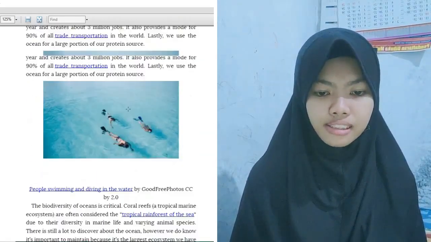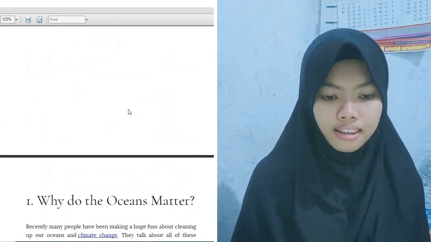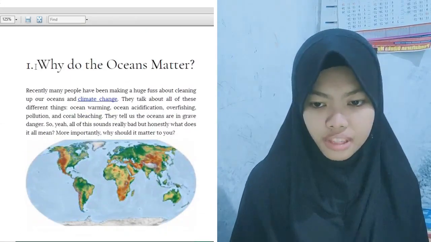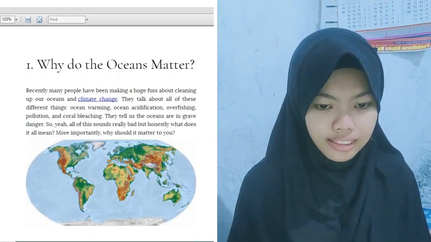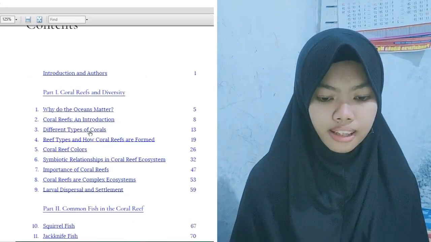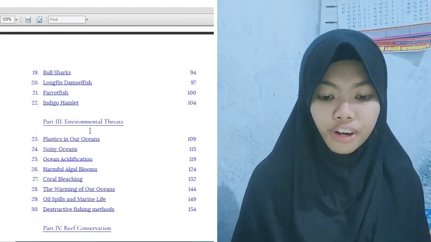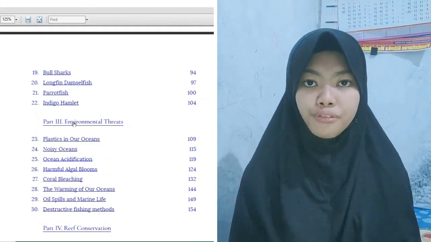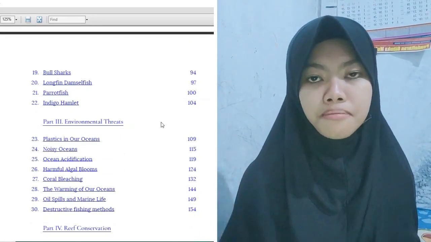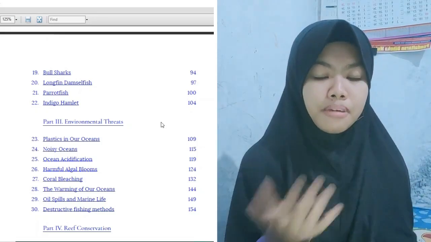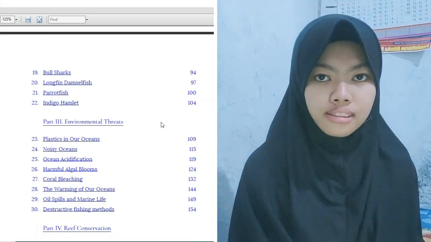It makes me realize that oceans are important for human beings and for the world. Then after it states the importance of the oceans, it states the problems like this, the environmental threats. So if we know the importance of something, we can be concerned about the threats.